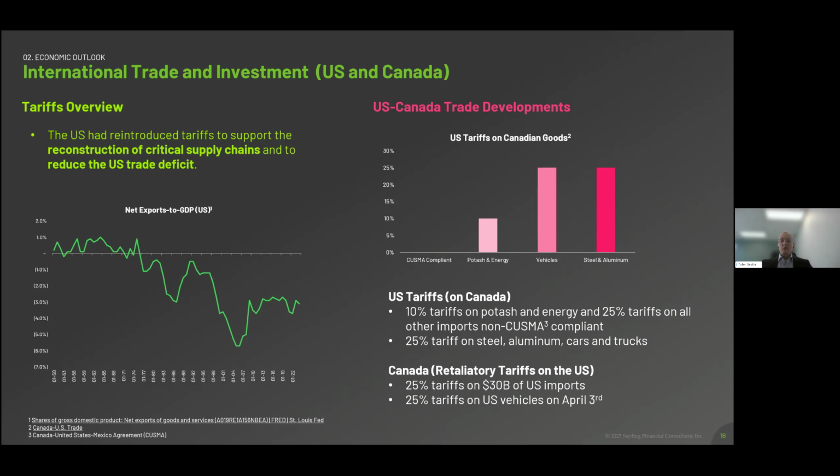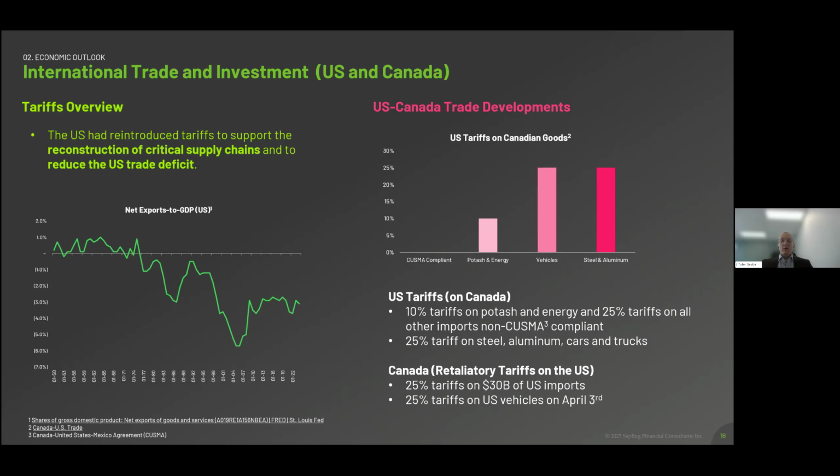Having said that, the US did sustain 25% tariffs on steel and aluminum, and 25% tariffs on all car and truck imports from Canada. In response, Canada has launched 2 phases of retaliatory tariffs. The first was a 25% tariff on 30 billion of US goods, and more recently, Prime Minister Mark Carney announced a 25% tariff on US vehicle imports that don't comply with CUSMA.